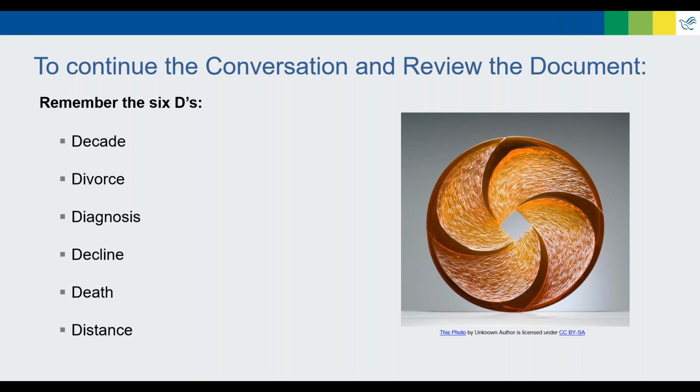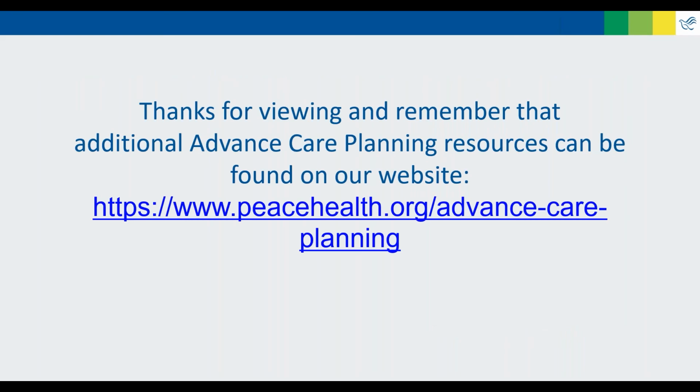And then distance, as I think I mentioned, it is okay for a healthcare representative to be remote to where we are. But if we move or one of our healthcare representatives moves, it's at least worth reviewing the document and really the conversation: is that person still willing to perform the role of a healthcare representative? So those are the 6 Ds to continue the conversation and review the document.